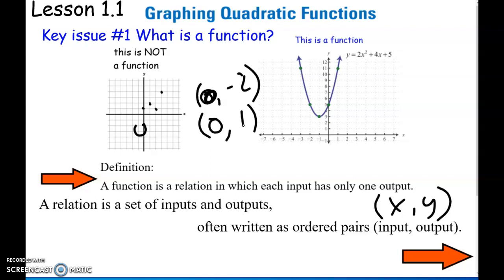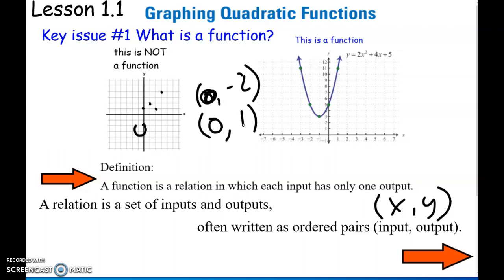I know at some point in the lower grades, they probably talked to you about thinking of a function as a machine. So if you thought of this as a candy machine, you went over and you put in a quarter and you got out a Hershey's bar. So that's your negative 2. And then you put in a quarter and you got out a different candy bar. So maybe you got out a Zagnut bar.